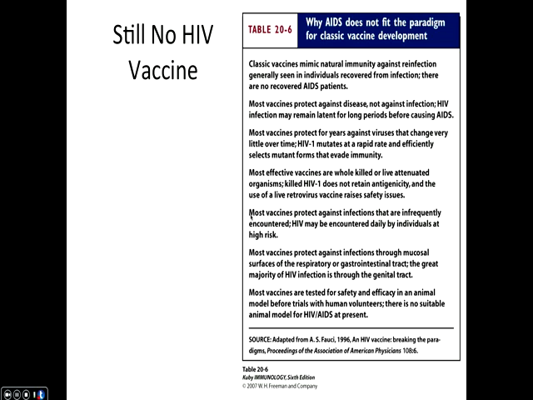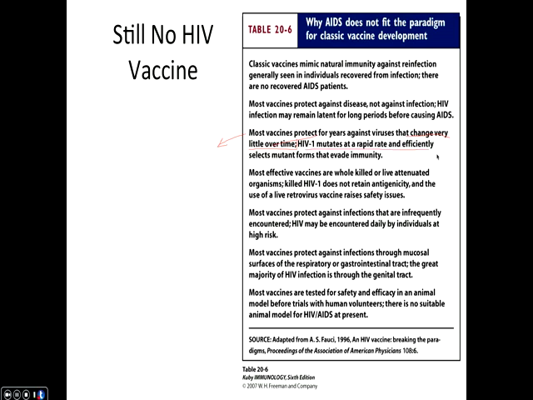There are some good reasons, and that's what I wanted to go through here. The ones I really want to highlight: most of our vaccines, for things like chickenpox and polio, are against viruses that don't change a lot over time.